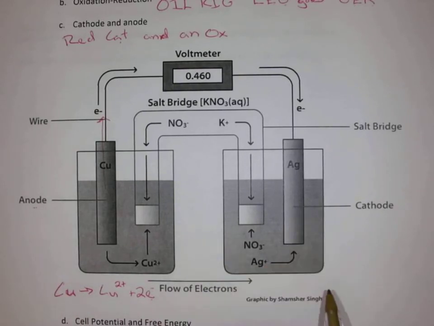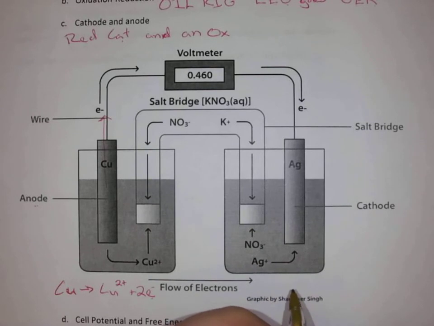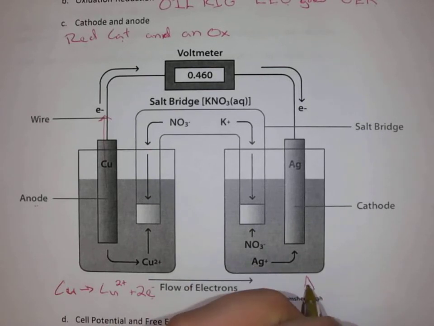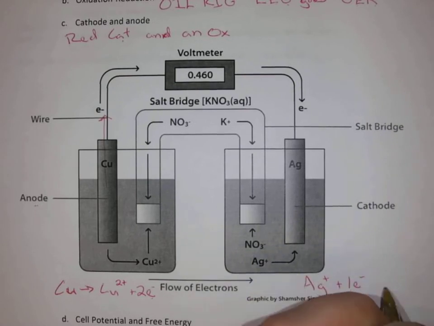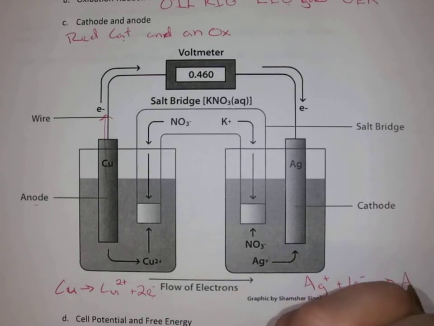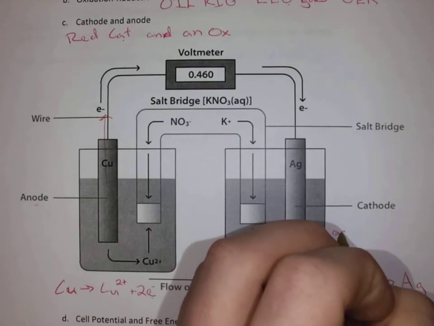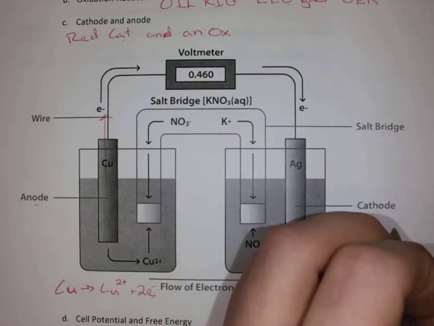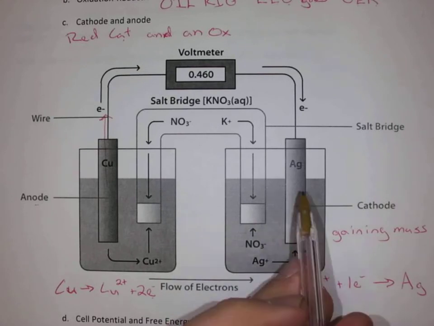Over on the other side here, we have the cathode because we have a reduction reaction. Ag+ is going to be gaining 1 electron, and it is going to be overall forming Ag solid. So at our cathode, we are gaining mass, we're gaining solid on that cathode.